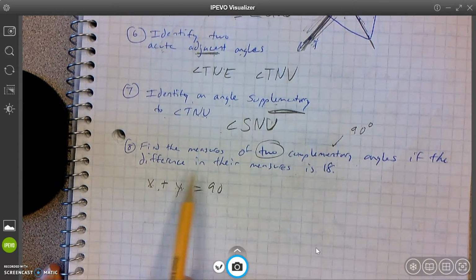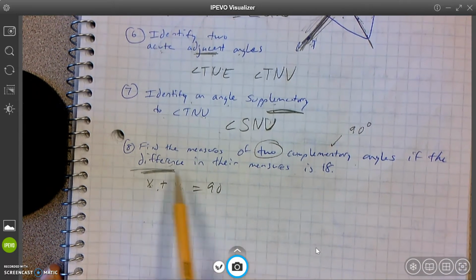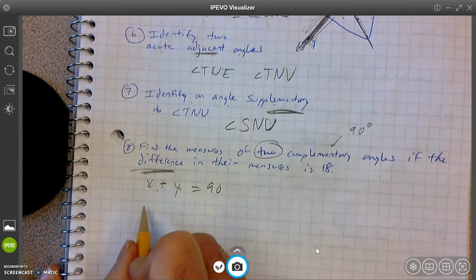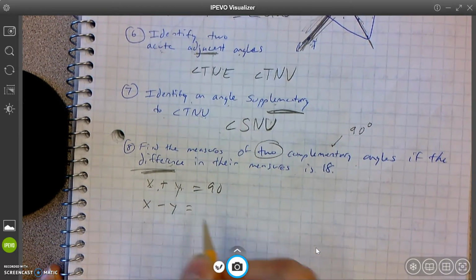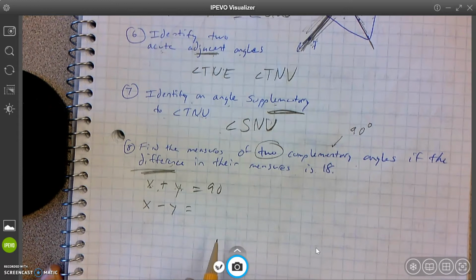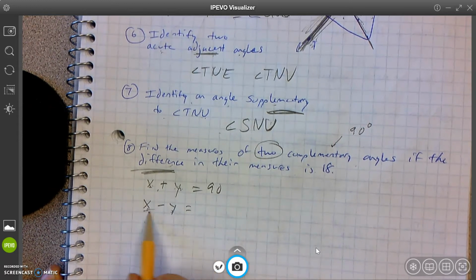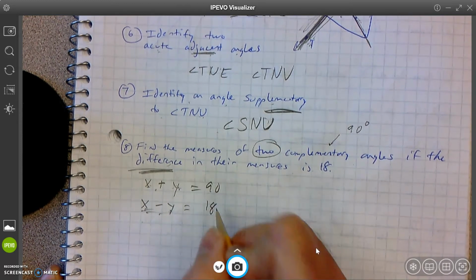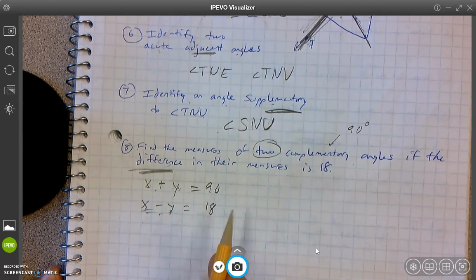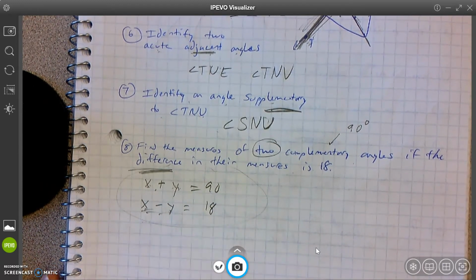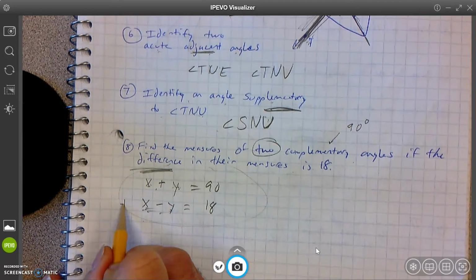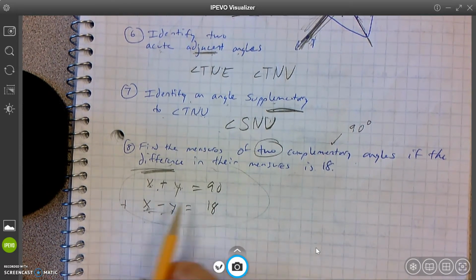Now I know that the difference, what operation indicates difference? That means subtract, right? X minus Y, so if I subtract these, the difference is going to be 18. Woo! This takes me back to my algebra days. I love my algebra days because I'm going to add these up because I have a magic pair right here.